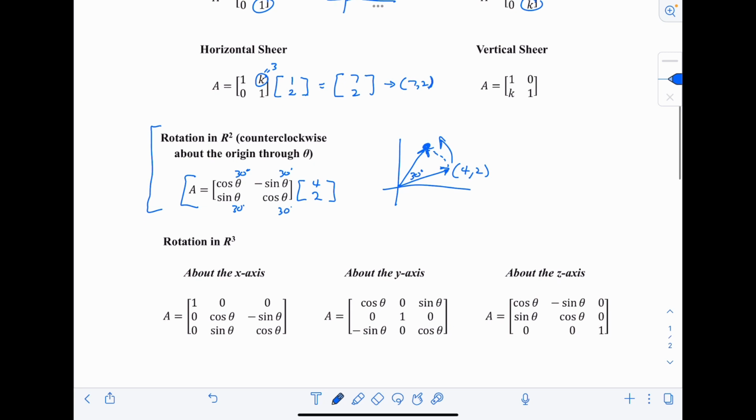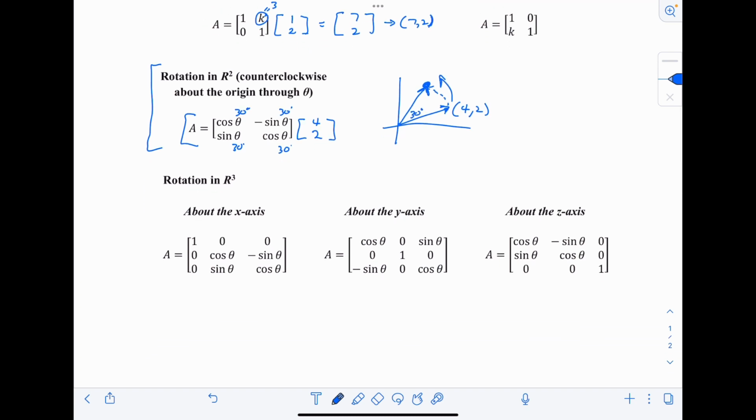All right. In 3 dimensions, it depends on which axis you rotate about. So we're going to look at all 3 of those. It's a similar concept as 2 dimensions. Obviously, we've got another axis to think about, and so it creates a 3 by 3 instead of the 2 by 2.